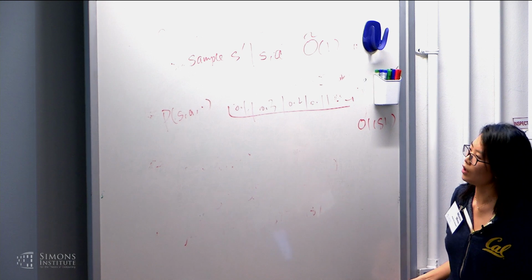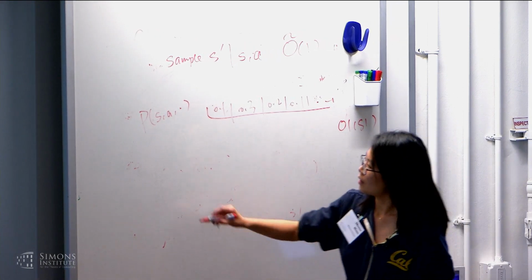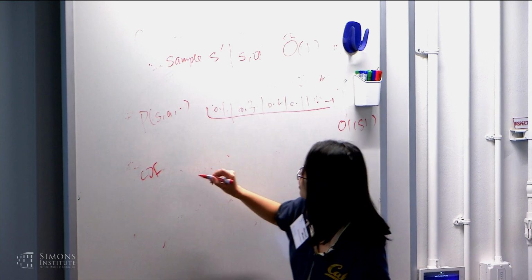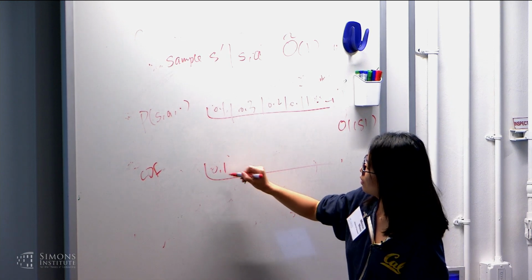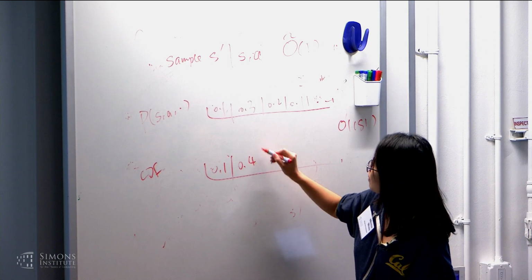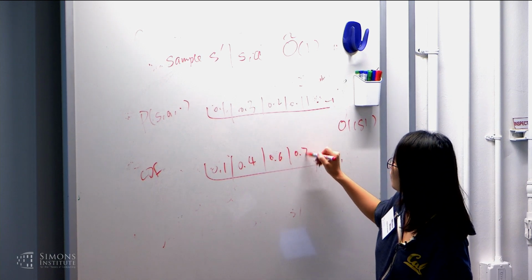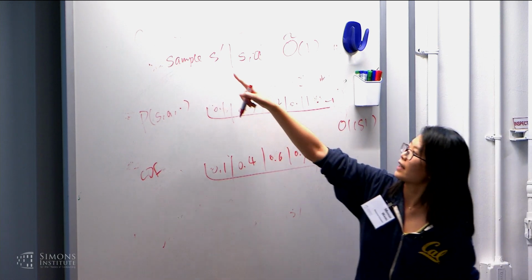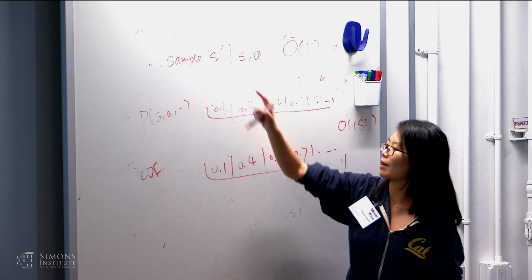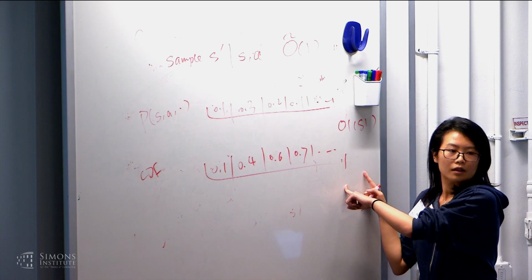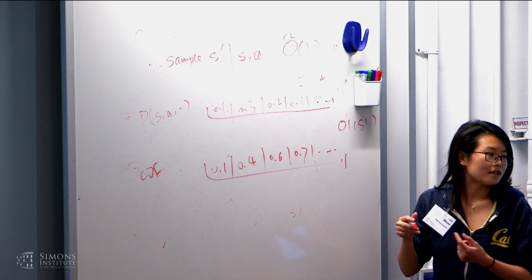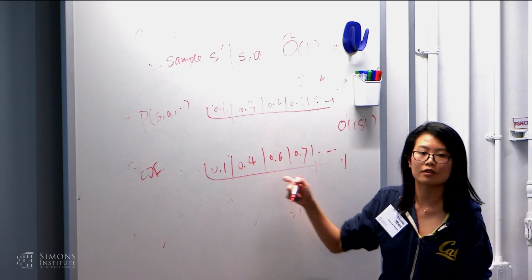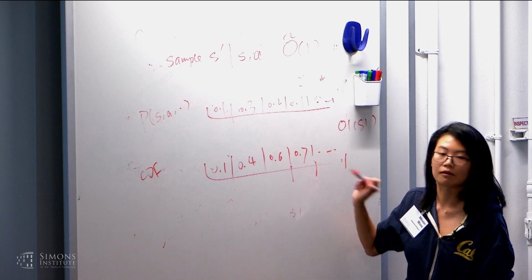However, if I transform it into a cumulative distribution by simply doing this cumulative sum, then if I want to generate state s prime according to this cumulative distribution, I can simply generate a random variable uniformly from 0 to 1, and then do a binary search to locate the corresponding interval.